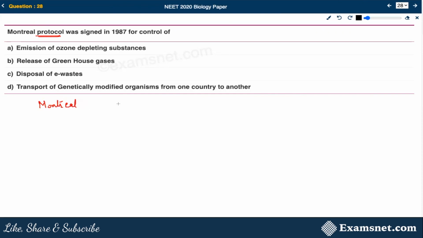This is again a factual kind of question that you need to know. So this Montreal Protocol was signed on 16th September 1987. And that's why this is also considered Ozone Day, which is also known as Ozone Day.